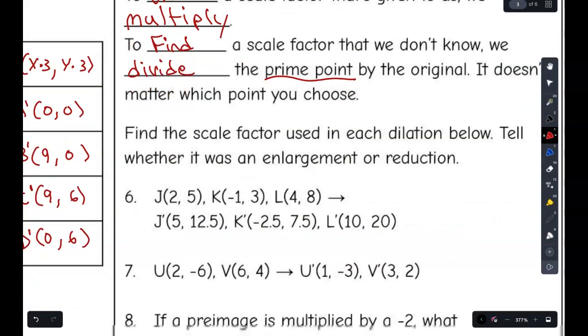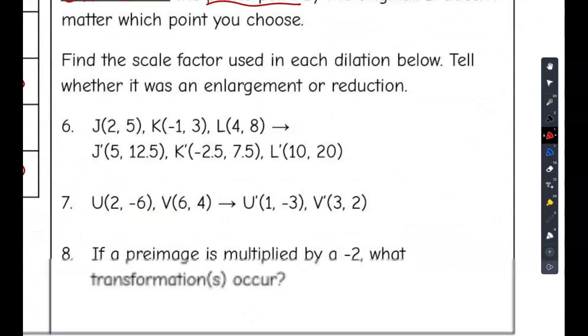Okay, so to find the scale factor on these, what we want to do is tell whether it's an enlargement or a reduction and find the scale factor. Okay, so here you see I got 2, 5, 5, 12.5, negative 1, 3, negative 2.5. You can see the numbers are getting larger to the corresponding coordinate, so you know it's going to be an enlargement.